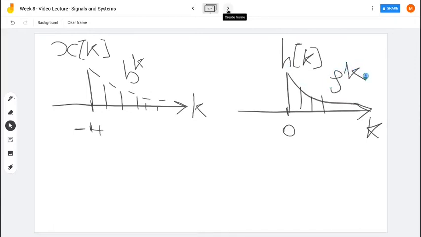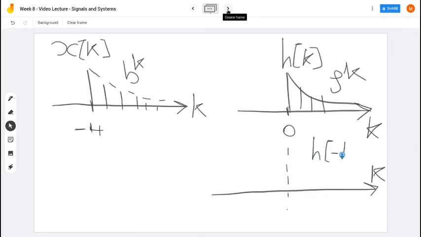Next step, we'll choose one signal to keep as is and the other one to mirror and shift. I will choose to keep x of k as is, and I will mirror and shift h of k. So first step is to mirror and get h of minus k, which will be a mirrored signal like this, and it will be rho to the power minus k.